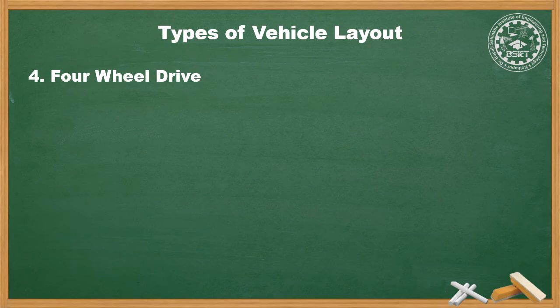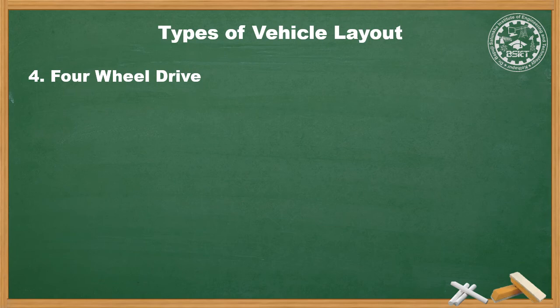In this arrangement, all four wheels of a vehicle are driven by the engine, thus making the entire vehicle weight available for traction. These vehicles are useful in hill stations: if one wheel is slipping or skidding, the other axle wheels transmit the tractive force.